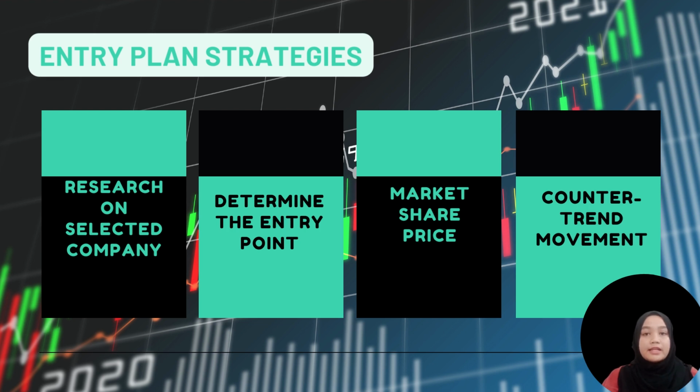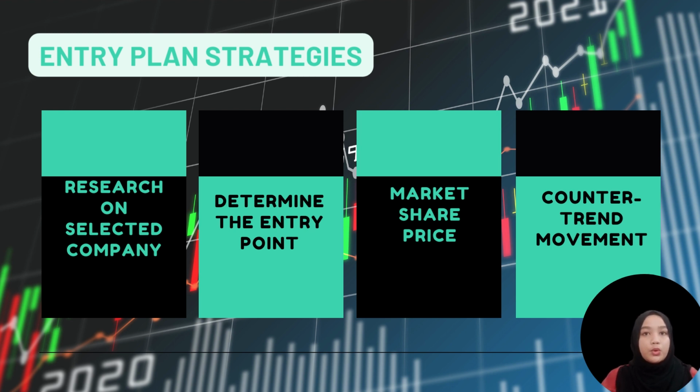Next, we proceed to the entry plan strategy. Firstly, an investor must do research on which company they would like to invest in. Second, identify any company that sells at a lower market share price, or what we usually call a penny stock. Usually this stock is below 1 ringgit Malaysia.